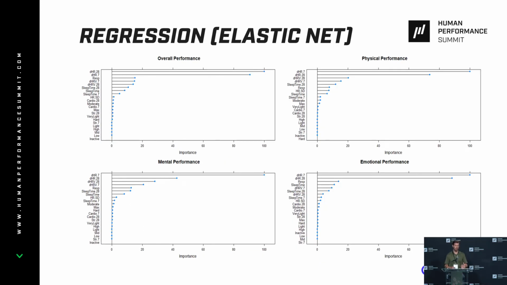So we were talking about the pitchers and what were some of the variables that made their pitch speed go down over time. And we kind of had that same idea. We had self-reported data of their overall performance, their self-assessed physical performance, mental, and emotional.